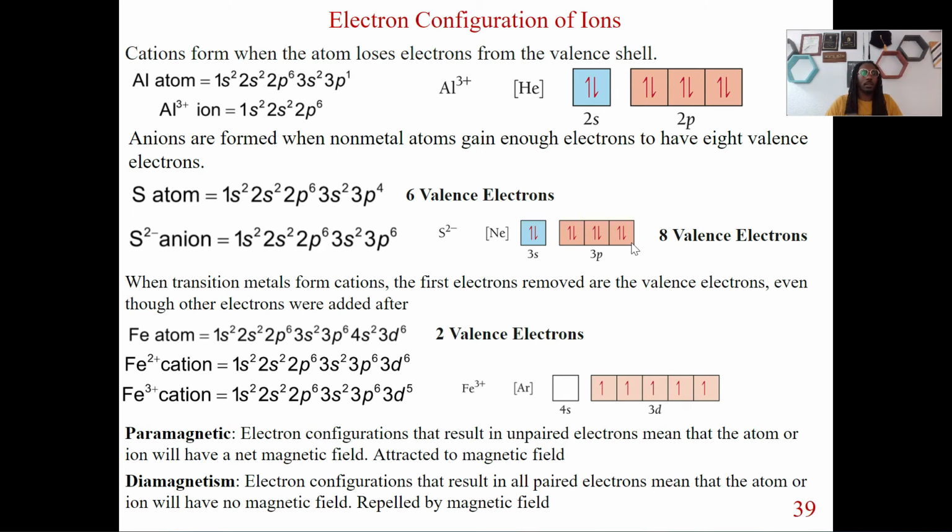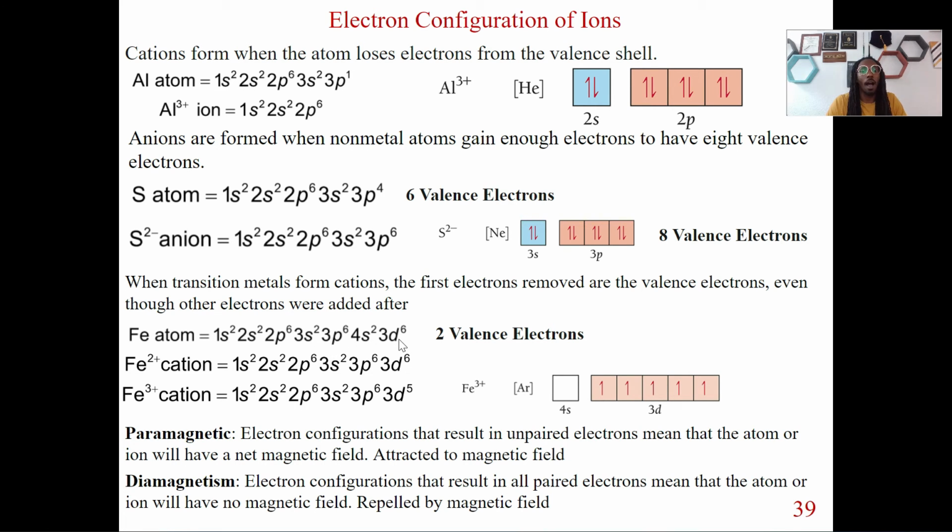Okay. And then when we talk about transition metals forming cations, the first electrons to be removed are valence electrons, as in all the cases we mentioned before. So let's look at an example: iron. This is the electron configuration here: 1s2, 2s2, 2p6, 3s2, 3p6, 4s2, 3d6.